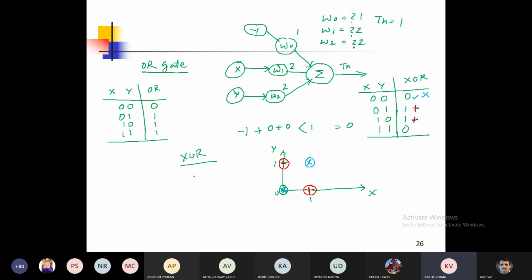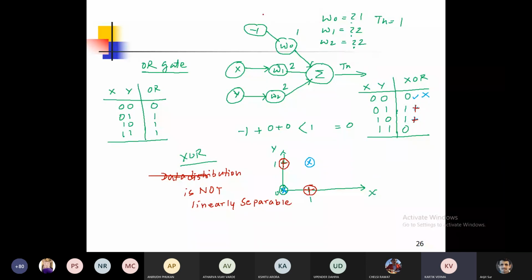So Zord, this data distribution is not linearly separable.